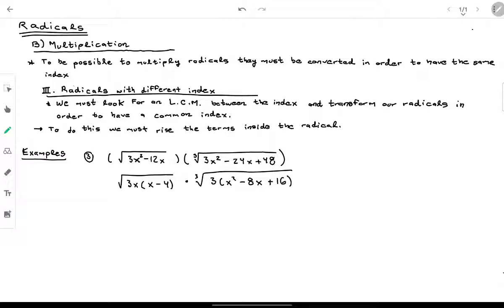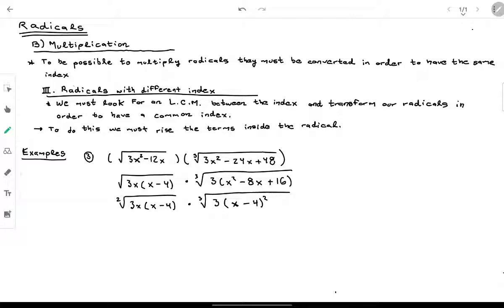So we can factorize it again, and it's going to be 3x that multiplies x minus 4. Then it's going to be the cubic root of 3 that multiplies the trinomial that we have there. It's a perfect square trinomial because the first term has a square root that is x. The third one has a square root that is 4. If I multiply those times 2, it's going to be the middle one. So we can decompose it like this.